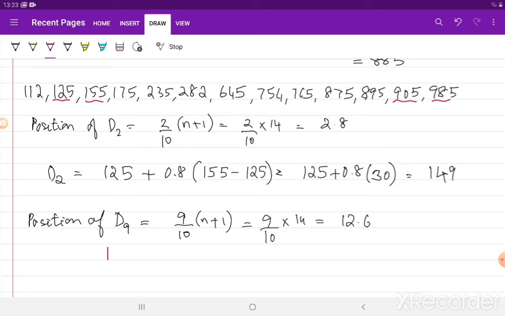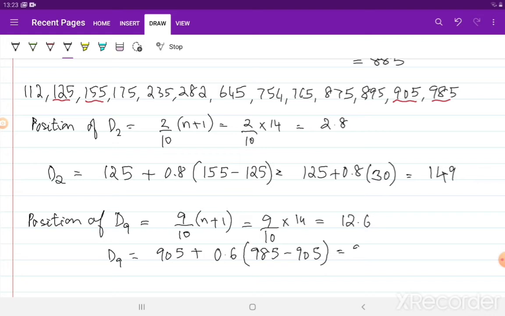So, to calculate the exact value of D9, I can write it as the 12th element, that is 905, plus 0.6, that is 12.6 minus 12, so 0.6 times the difference between 985 and 905.